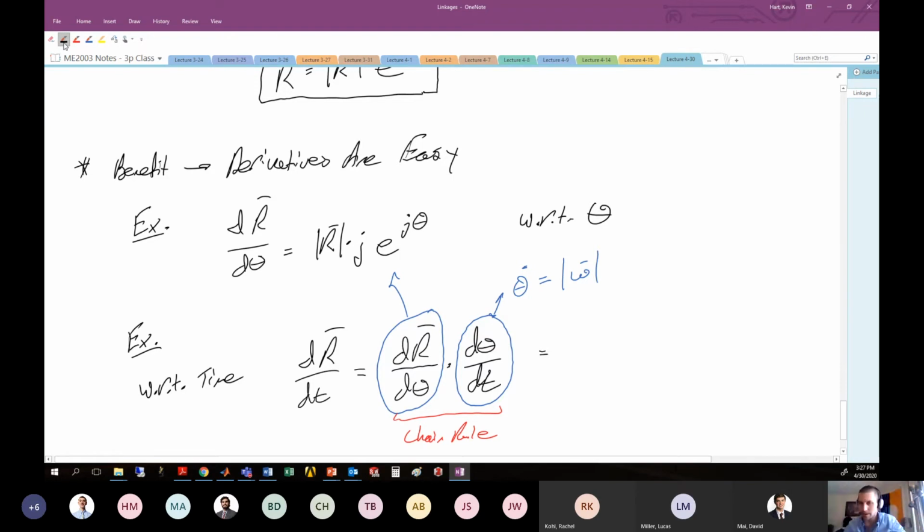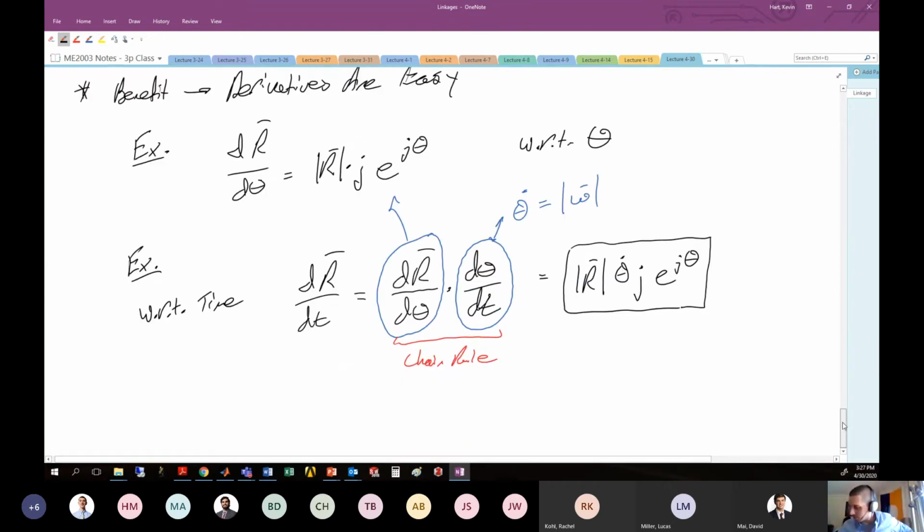So ultimately, we're going to end up with the magnitude of r times theta dot times j e to the j theta. This is a common expression for the velocity of a particular piece with a known angular velocity theta dot, magnitude of position vector r, and location of that piece, theta.